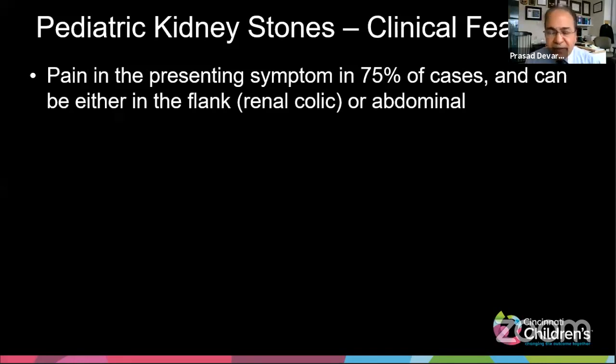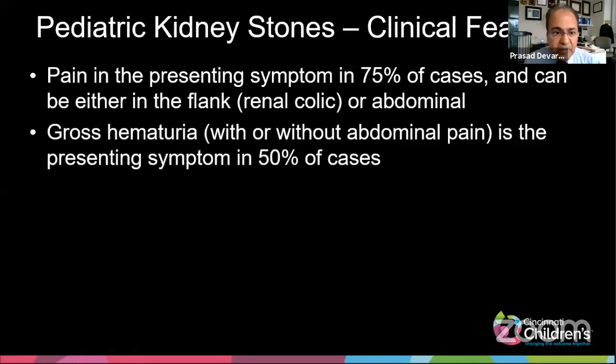They get worked up for things like gallbladder disease and pancreatic disease, but all the time, all they have is kidney stones. So kidney stones are an important common cause of abdominal pain, especially persistent recurrent abdominal pain.